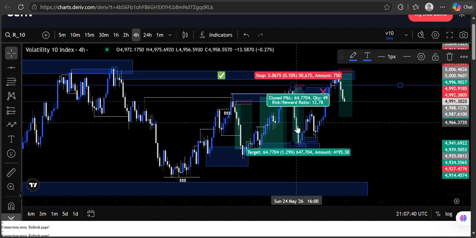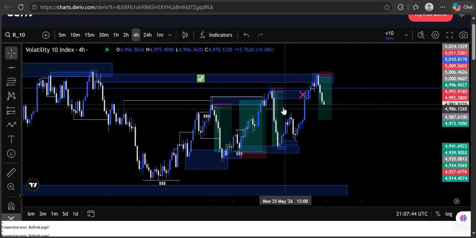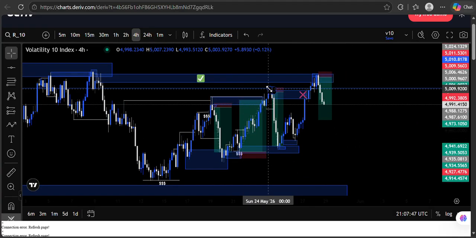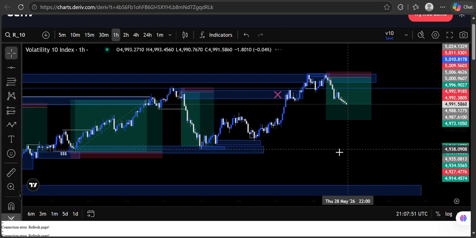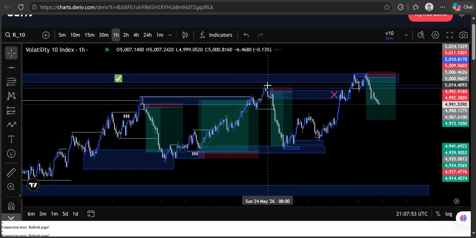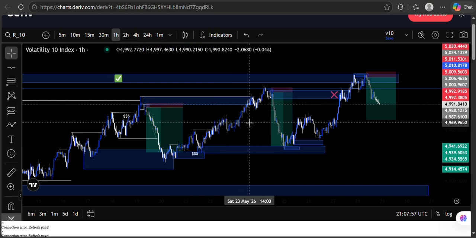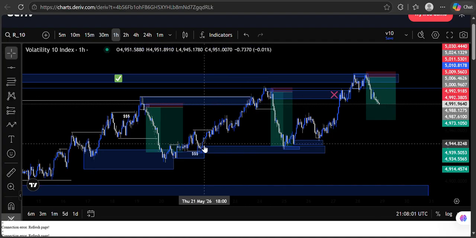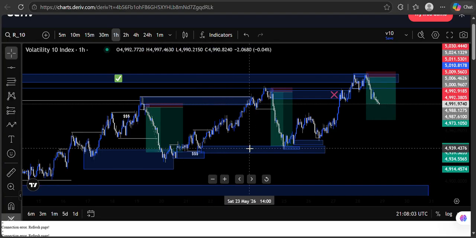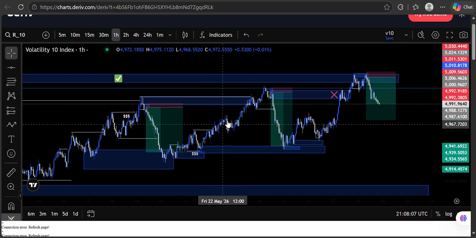So how did we catch the entry on this sell movement? We waited for price to tap into that zone. Let's go to our 1 hour time frame. Remember, before we waited for price to tap into this zone, we had already marked out our demand zone here, caused by this candle, this order block, this upward movement.